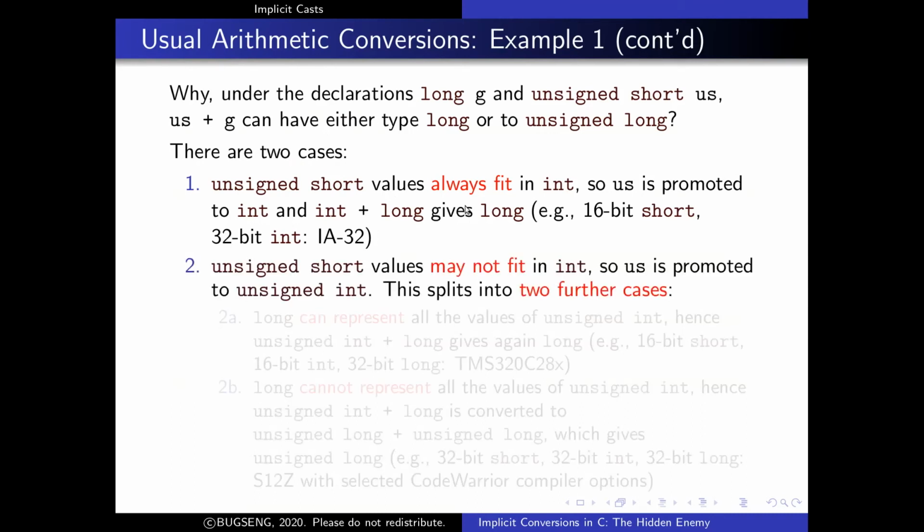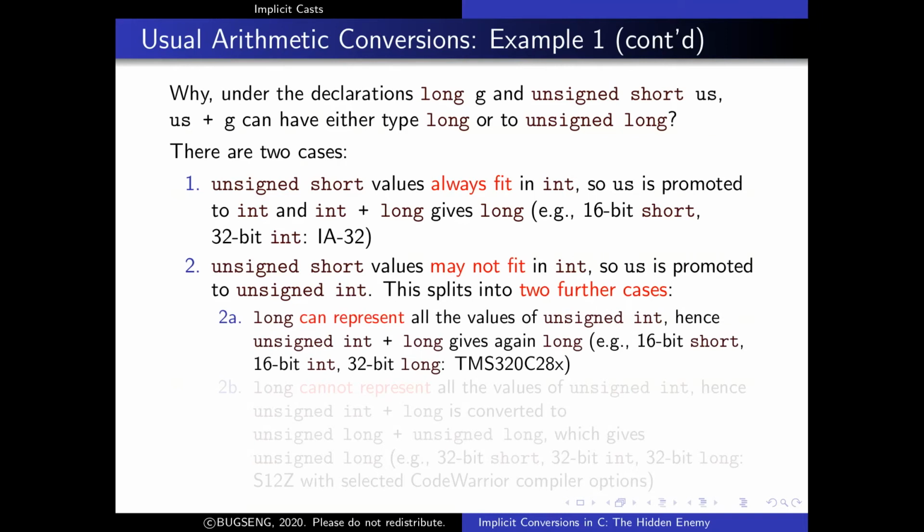The other case is when unsigned short values do not necessarily fit in int. So US is promoted to unsigned int. And this splits into two further cases, because the first subcase is that long can represent all the values of unsigned int.